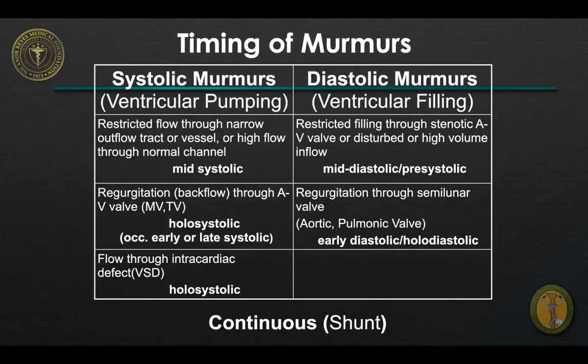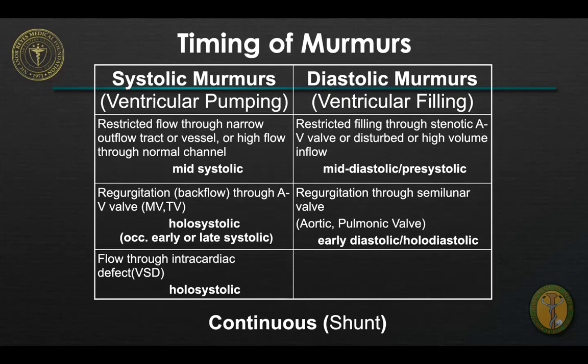Now, for the timing of murmurs, we must know if it is a systolic murmur or a diastolic murmur. If it is systolic, we're talking about ventricular pumping. If it is a diastolic murmur, we're talking about ventricular filling. Systolic murmurs are caused by restricted flow through a narrow outflow tract or vessel, or high flow through normal channels. It's usually mid-systolic.